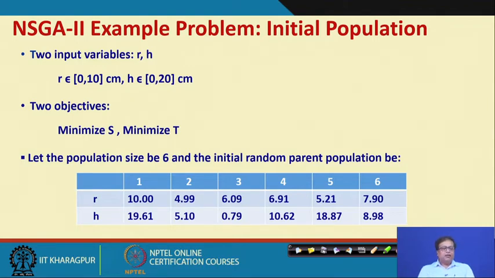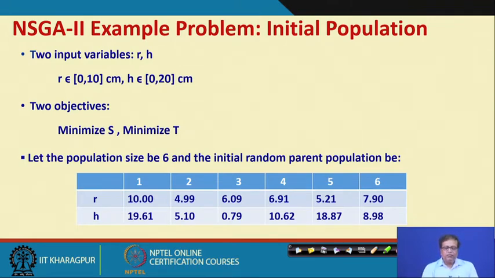You are right, but we have taken this simple problem essentially to understand how NSGA 2 tries to do this with regard to the minimization of S and minimization of T. It is good that we also have an idea about the ultimate optimization solution.